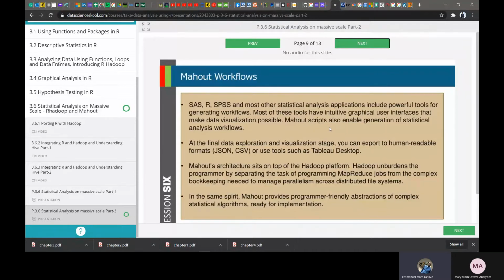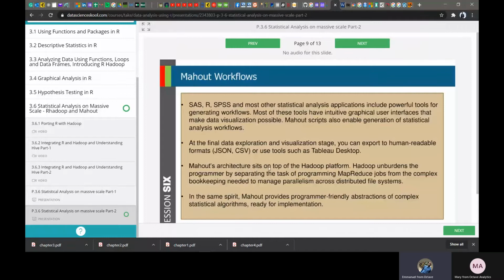Math scripts also enable generation of statistical analysis workflows. At the final data exploration or visualization stage, you can export all this information into a readable format like JSON or CSV, or use tools such as Tableau Desktop or Tableau Public, as you wish.